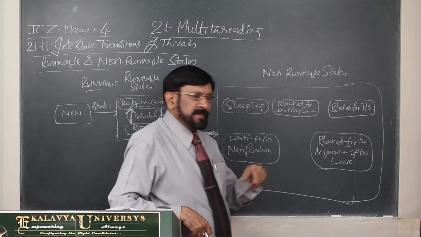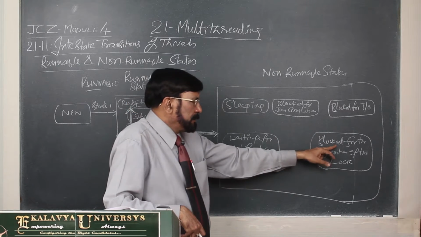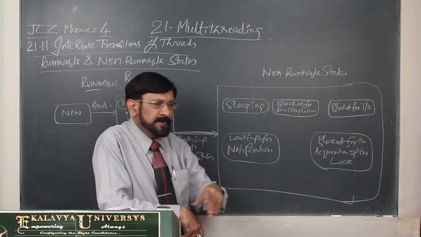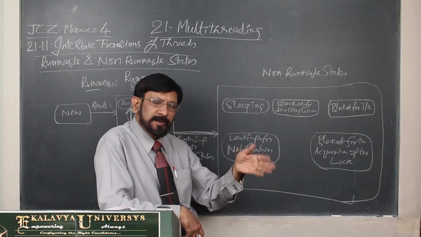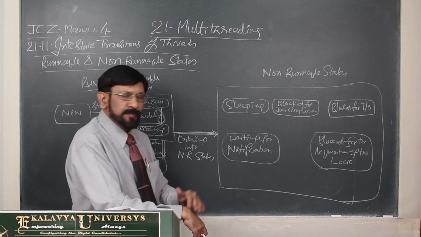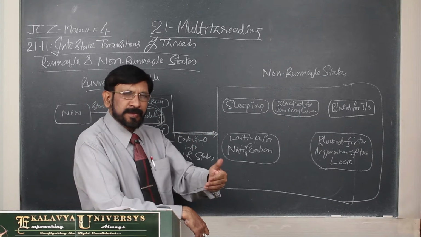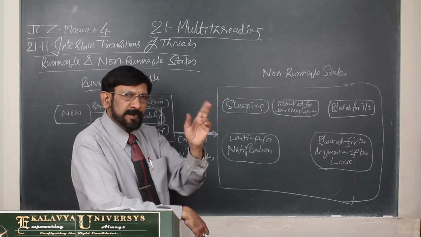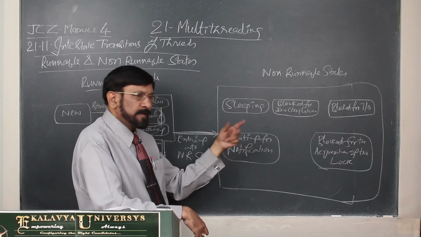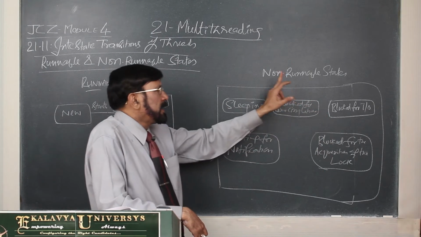Blocked for acquiring the lock, already told you about this in the synchronization stage. Until the lock on the object is available, it should be in the blocked state only. Thereafter, waiting for notification. Actually, some other thread is doing something, and after completion of that it notifies, until then it is waiting for the notification from the other thread. So, these are the non-runnable states.